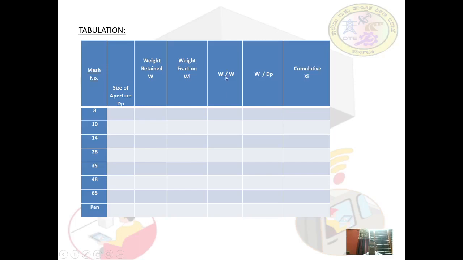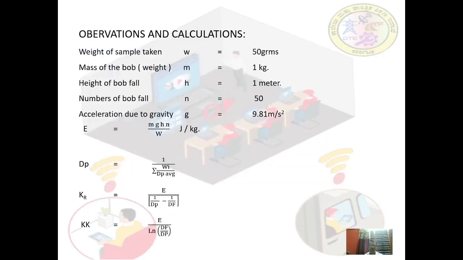Then find the ratio Wi by dp, that is weight fraction divided by particle size, and then the cumulative weight fraction. From this data, we can calculate the law constants.